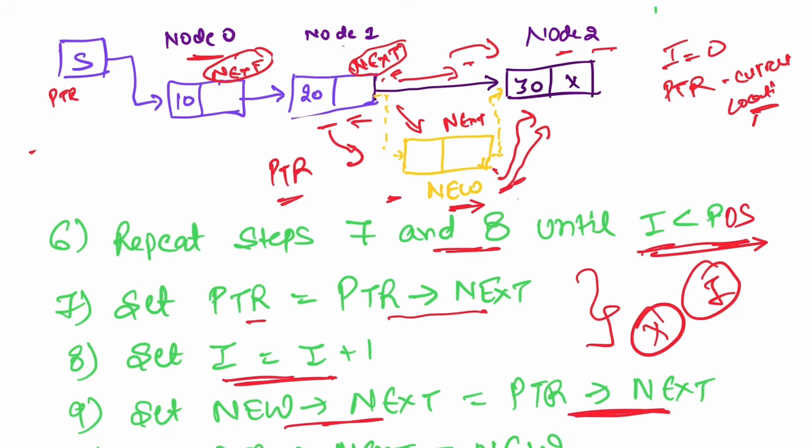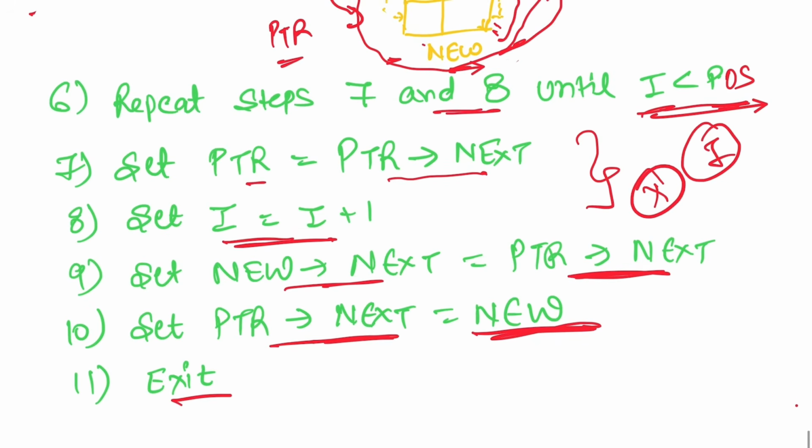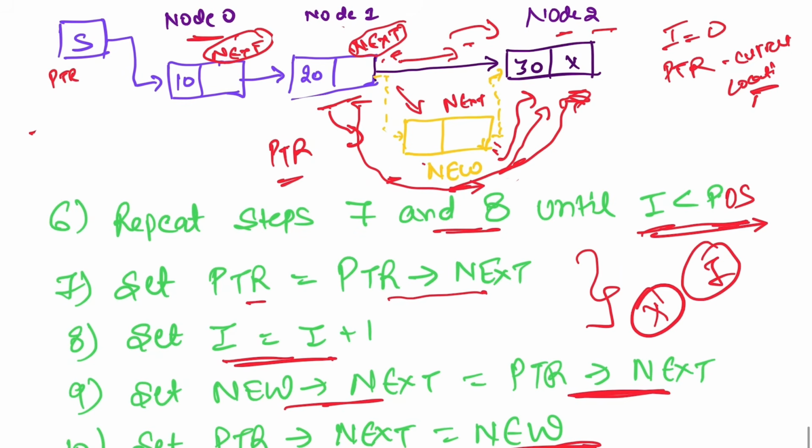I hope you are getting it. This one needs the address of this, and this one needs the address of this, so I have to make changes in the addresses so that a connection is established. So this is what we have done: we have put pointer next equal to new, to establish this whole relationship between these three nodes, and then we can simply exit our program. I hope this much is clear to you.